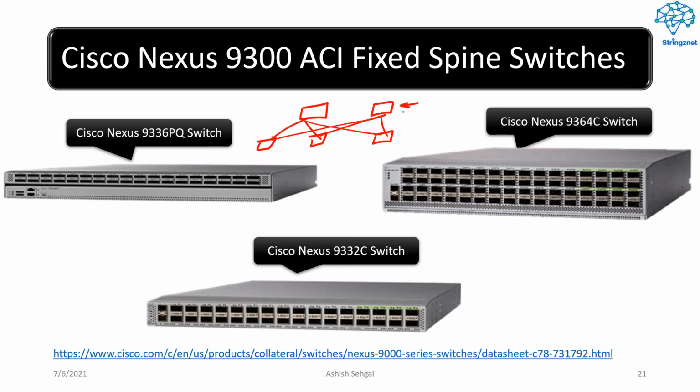Normally, at the spine layer in the two-tier architecture of the ACI fabric, we place 9500 series switches. And at this particular layer, we place 9300 fabric switches, not 95, but 9300.